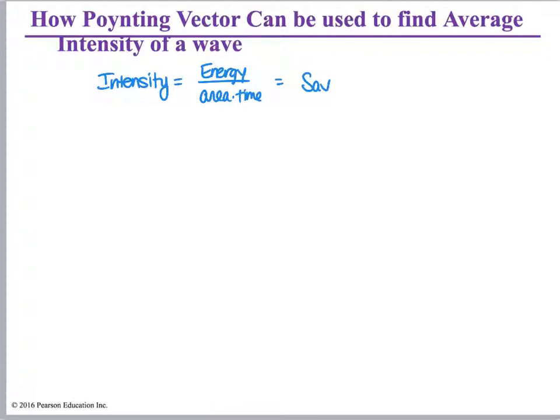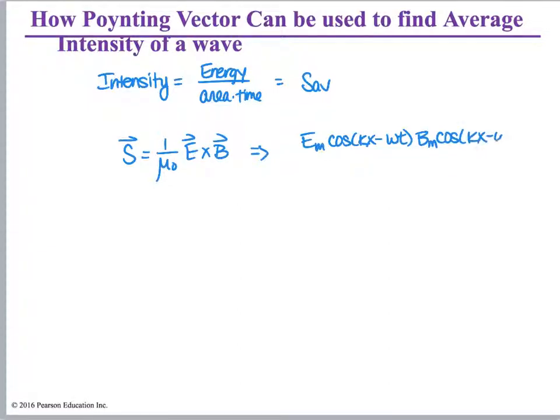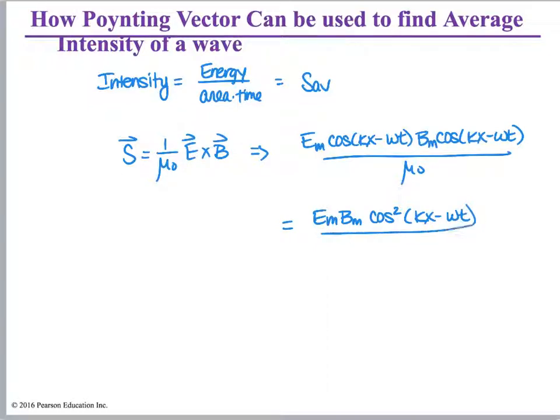And so if we wanted to figure out what the average value is, we could keep in mind that S is 1 over mu naught E cross B. And if we assume that these are perpendicular to each other, we can write it as E max cosine of kx minus omega t times B max times cosine kx minus omega t all over mu naught, which could be written as E max B max cosine squared of kx minus omega t over mu naught.